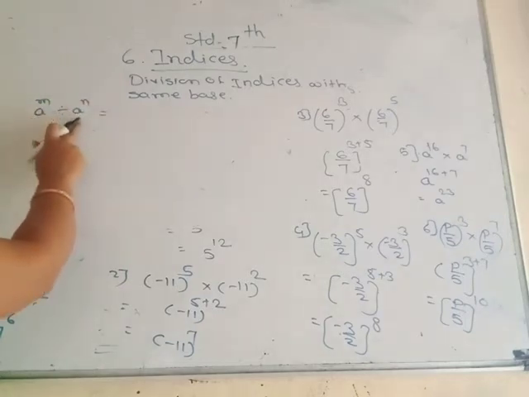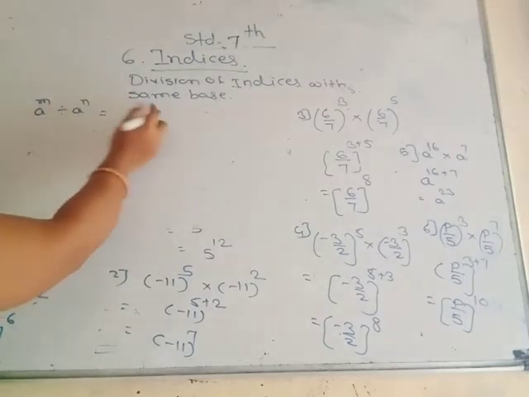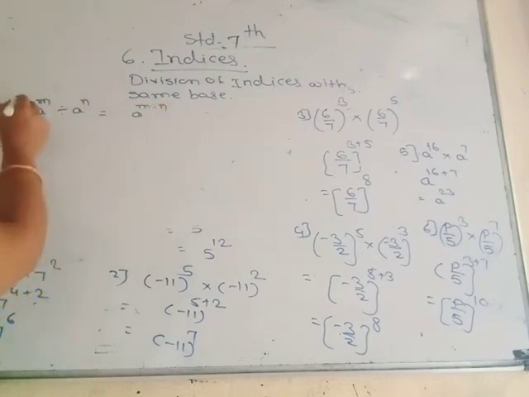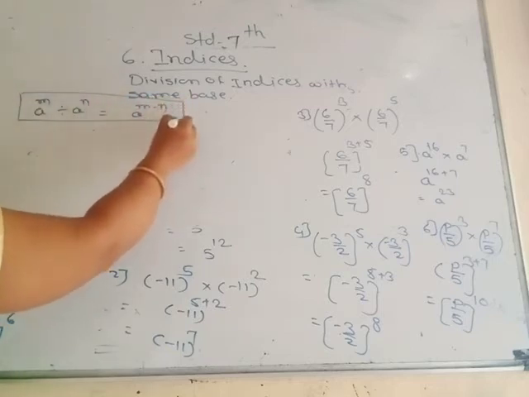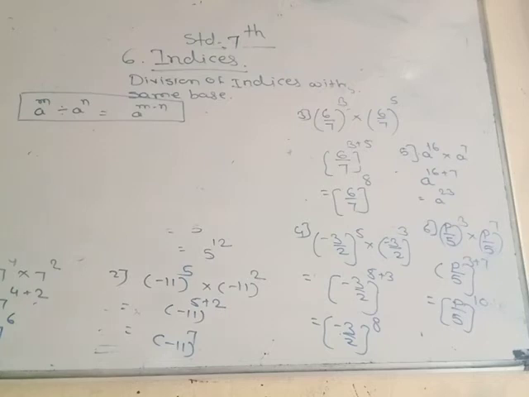Here also the base is the same. Since it is division, you subtract the indices: a raised to the power m minus n. This is the second formula, the division of indices.